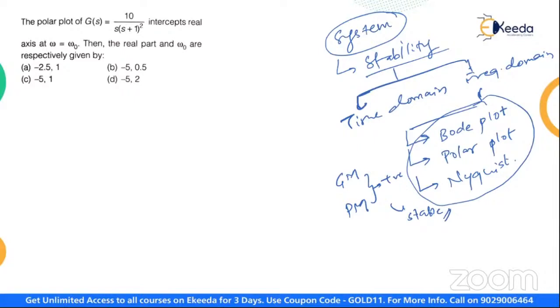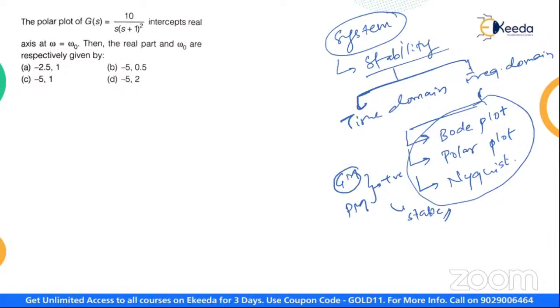Just a quick recap of these things. Let me tell you what gain margin and phase margin are. Whenever we talk about margin, it means how much gain I can increase in the system such that the system will still remain stable.